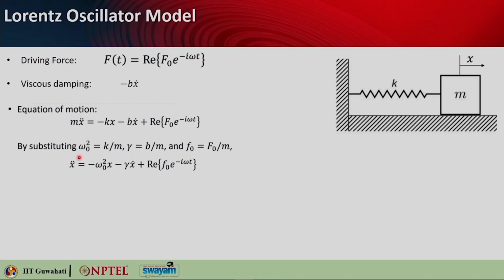Now, if you define k by m as omega naught square, b by m as gamma, that is the collision frequency, and f naught as capital F0, the amplitude of the driving force, over mass, or per unit mass, the equation takes this particular form.